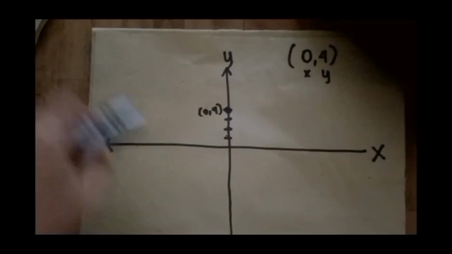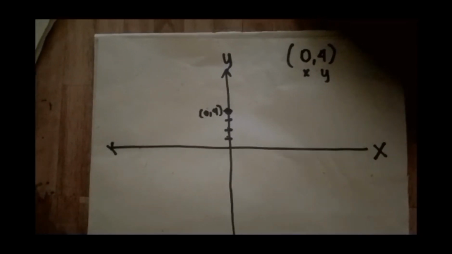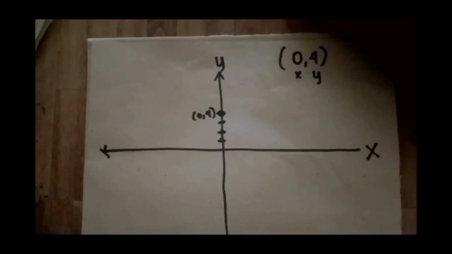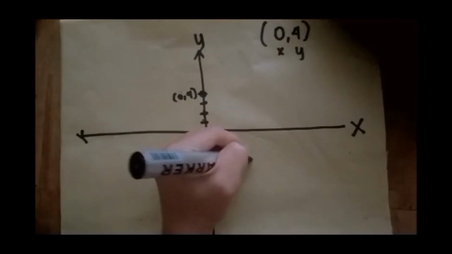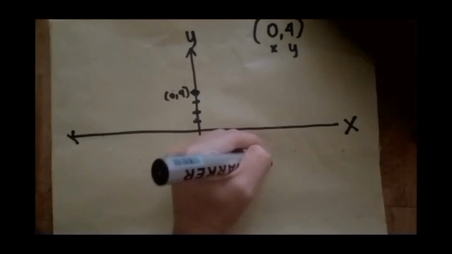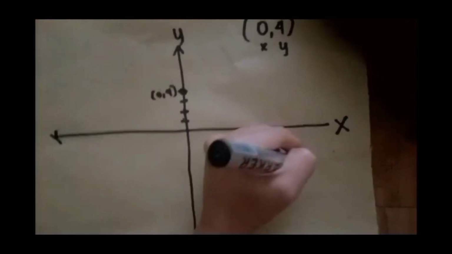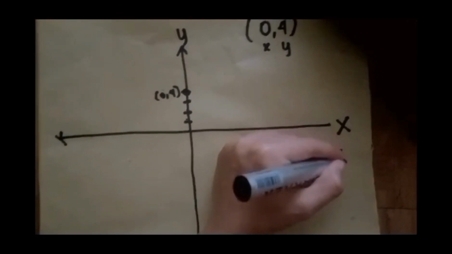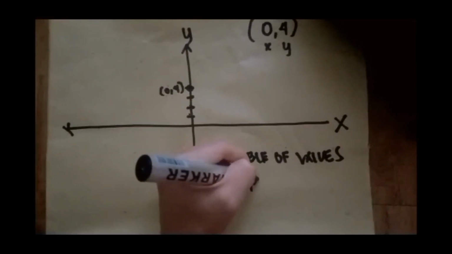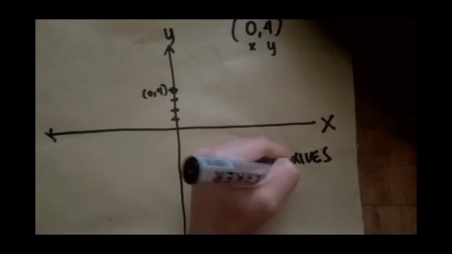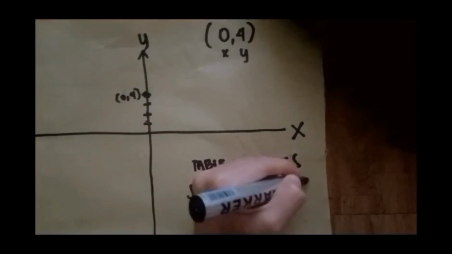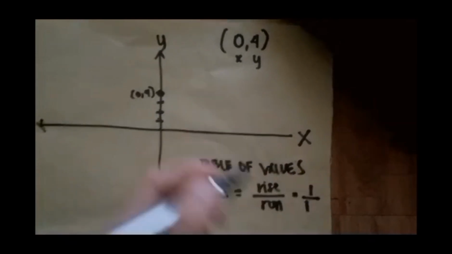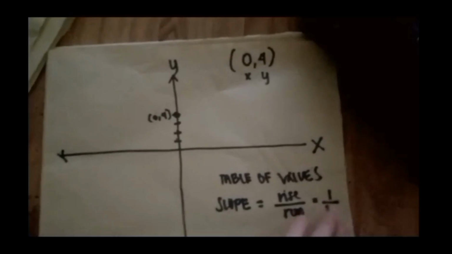So next is to find the remaining ordered pairs. So how? So naa siyay duha ka pamaagi. Ang first kato ang table of values and using the slope formula. So ang slope formula is rise over run. Since atong rise kay 1 man, so atong run is 1. Naa man siya imaginary 1 sa denominator.